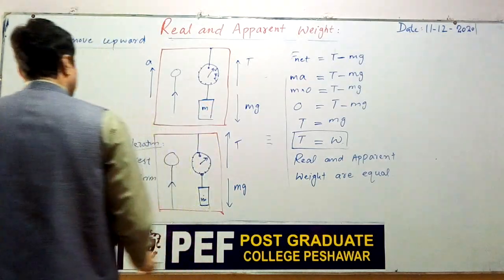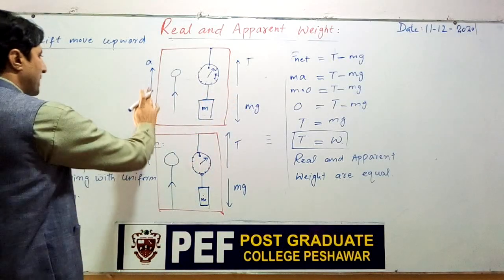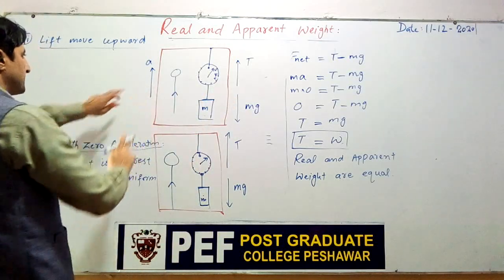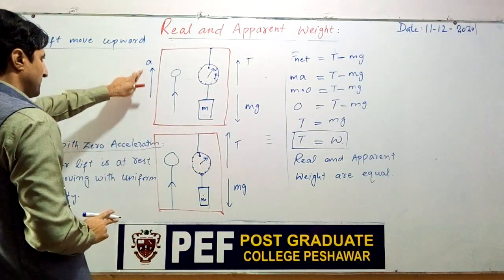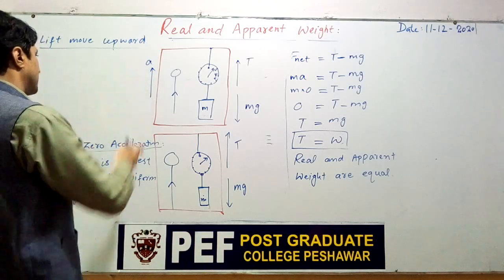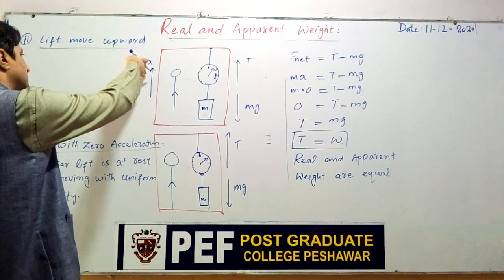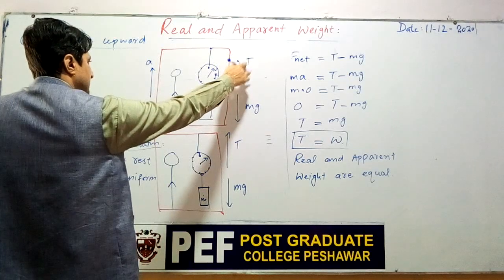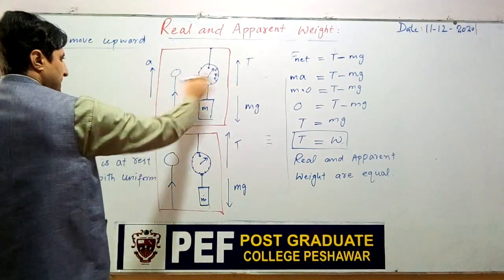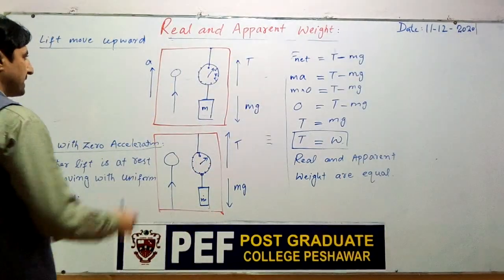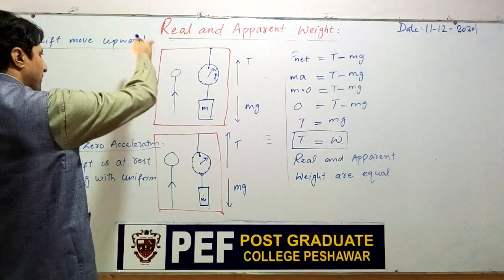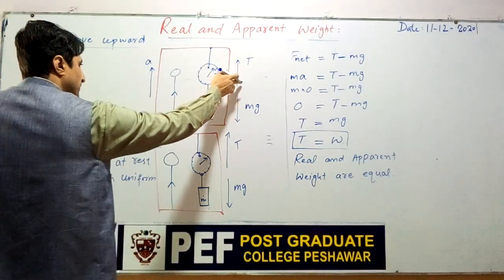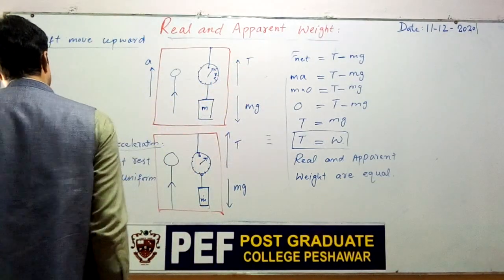Now we can carry out the calculation. From this diagram you can see that because of this acceleration, the net force is adding with this tension T. So clearly from this diagram, acceleration is in upward direction, so tension in the string will be greater than the weight of the body.